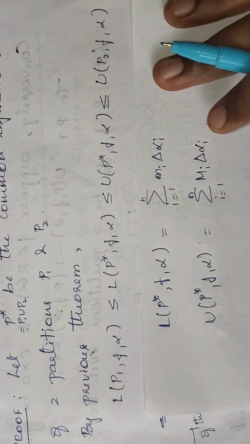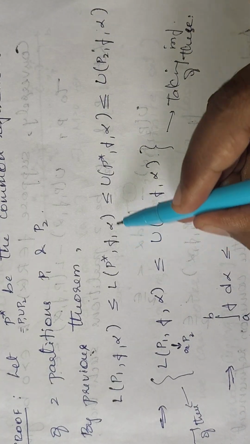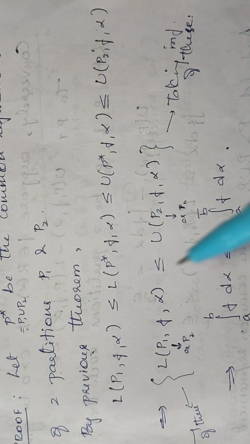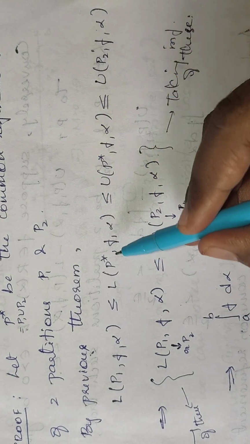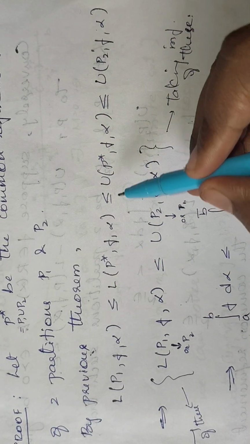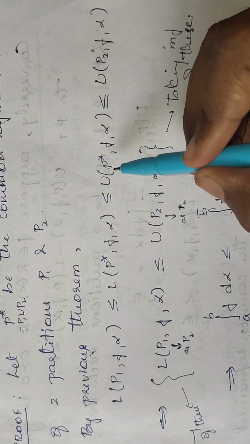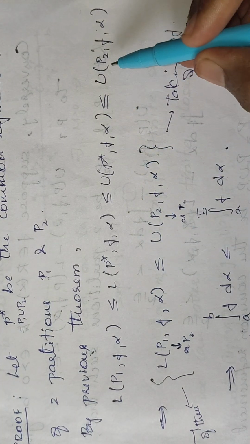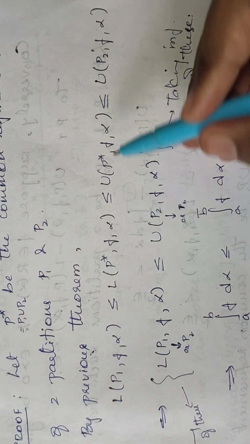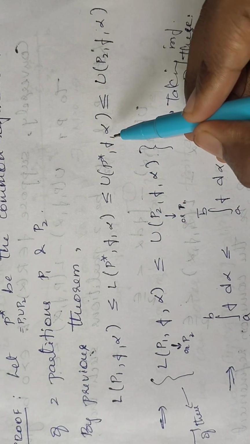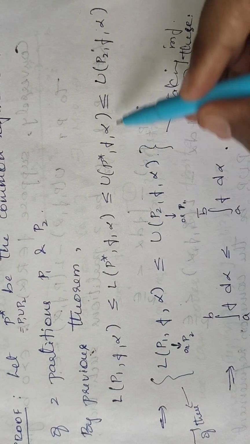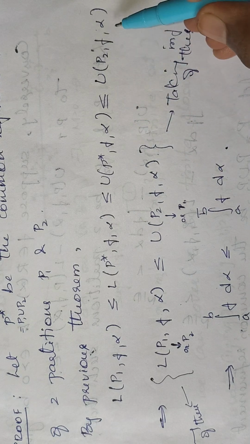And by the previous theorem we have this, and we know that any lower sum is less than or equal to upper sum. So here I have used this previous result as well as that result, that is lower sum less than or equal to upper sum. So combining those two we will have this inequality.